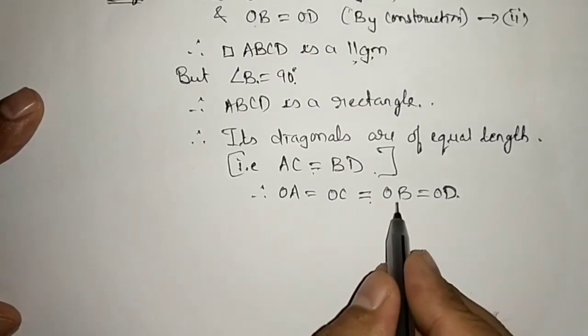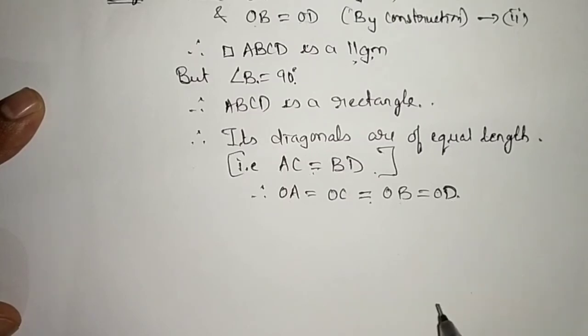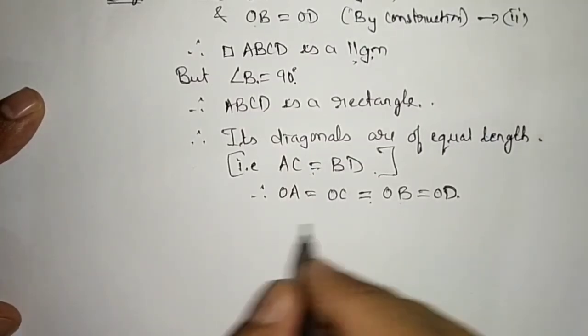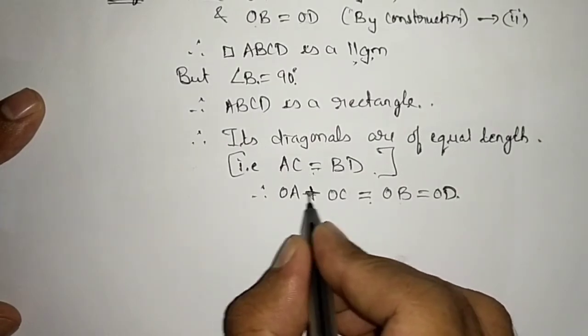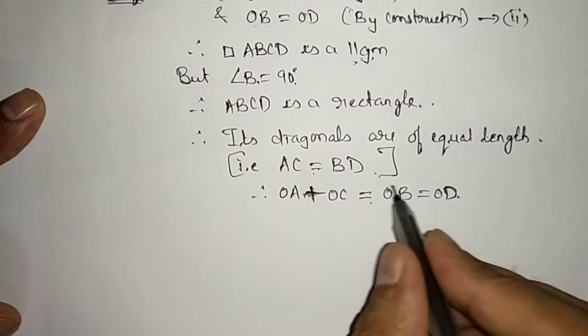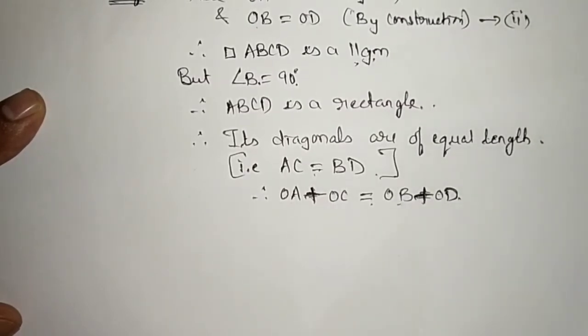So we have proved that OA is equal to OC and OB is equal to OD. AC is formed of OA plus OC and BD is formed of OB plus OD.